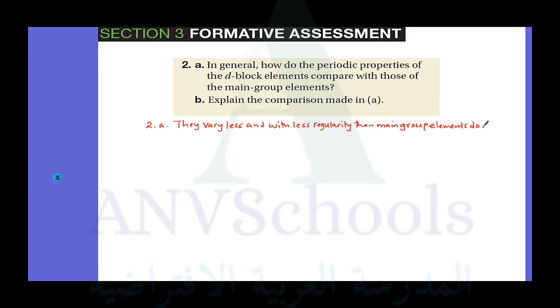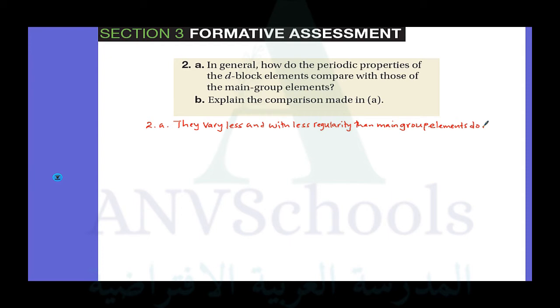So the first question: in general, how do the periodic properties of d block elements compare with those of the main group elements? They vary less. Why? Because the s and p block we call representative elements, because they represent different kinds of elements.